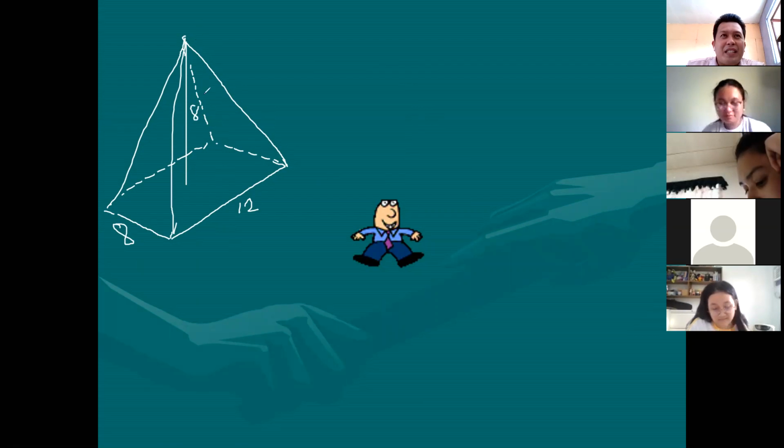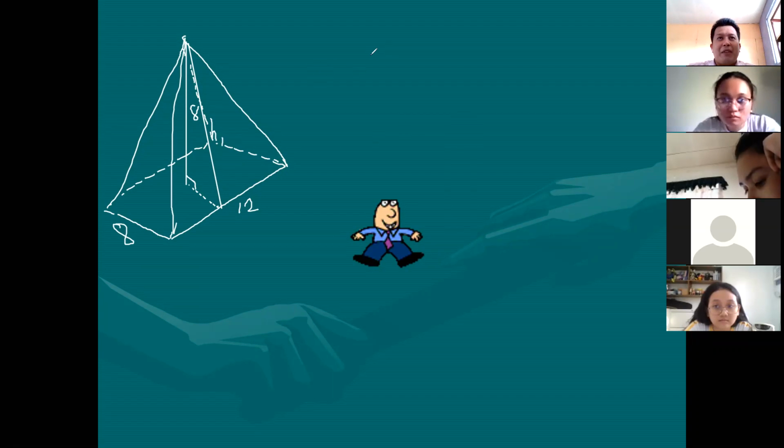So to find the first height here, we can use this triangle. So this will represent your first height because this is a right triangle, no? Can you follow?